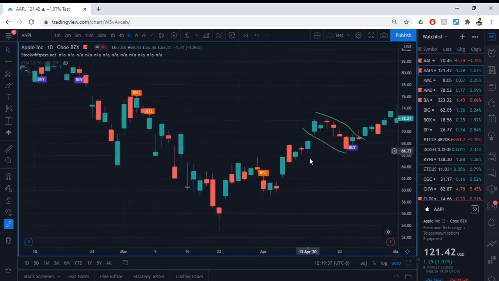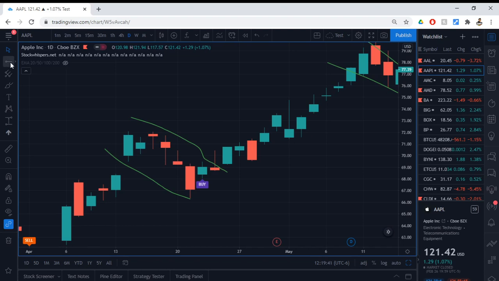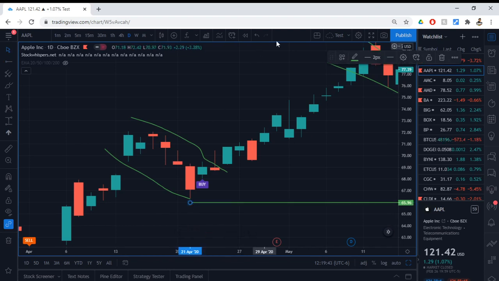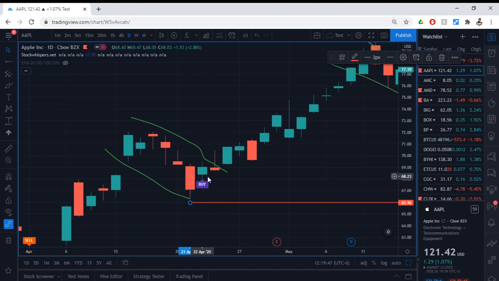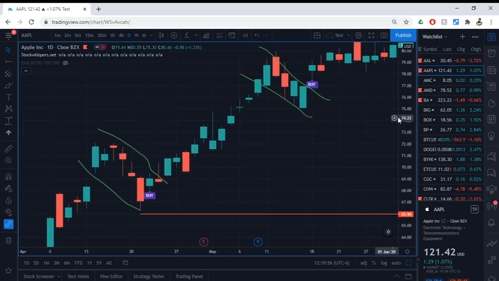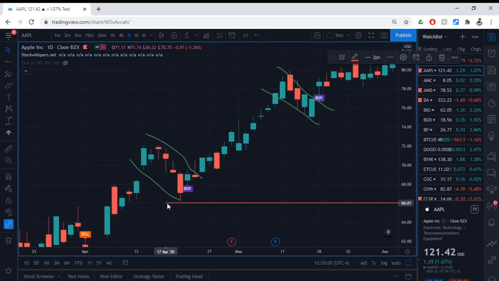So let's talk about this one. Should you have gotten into this one, your stop loss would have been here, right? Which at the same time would have coincided with underneath the flag. So it would have matched. I would use whatever you're comfortable with, this stop loss or below the flag.